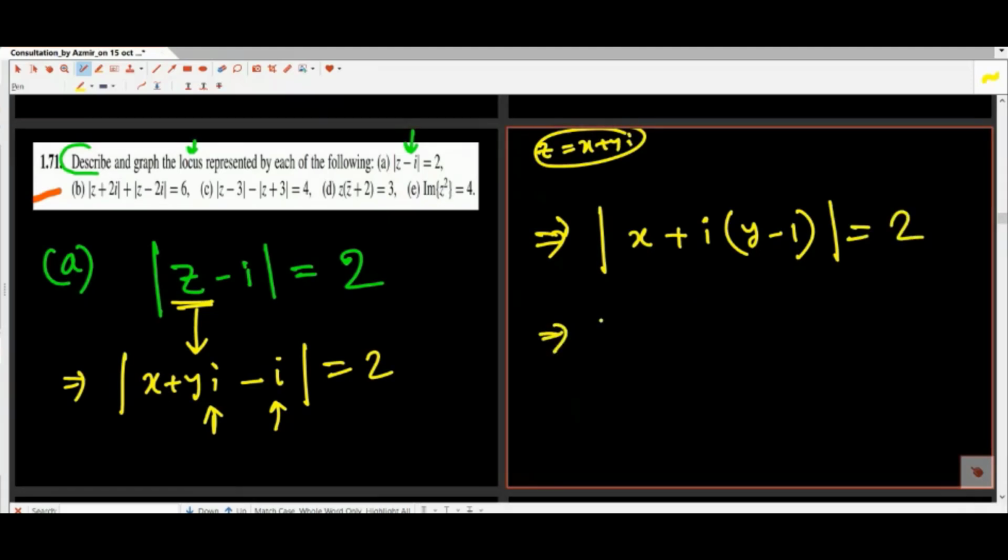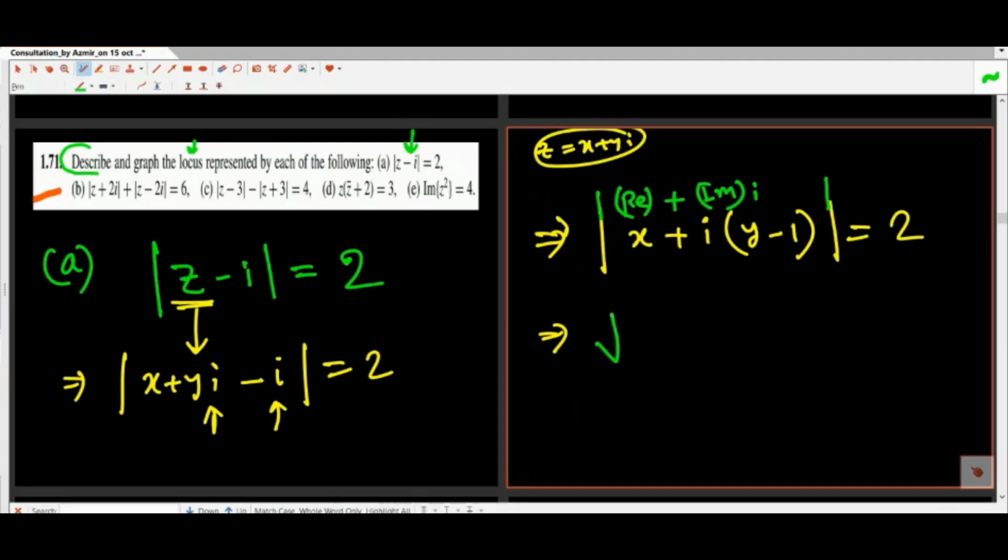Now this is another complex number where we have this form, that is real part plus imaginary part with i. That means we have modulus of real part plus imaginary part i.